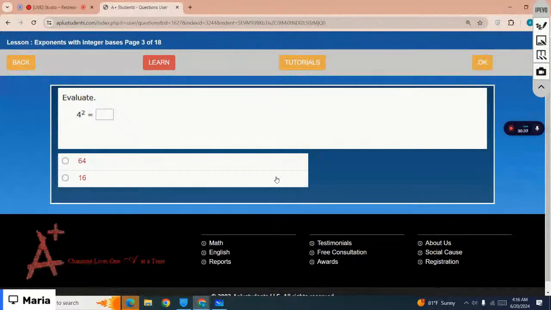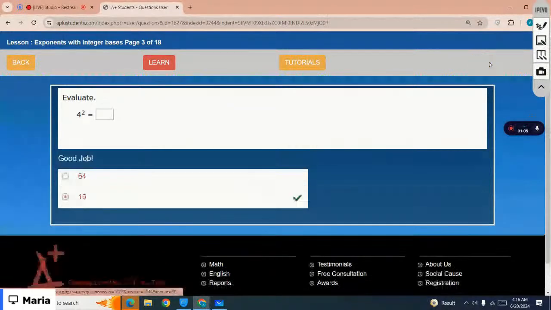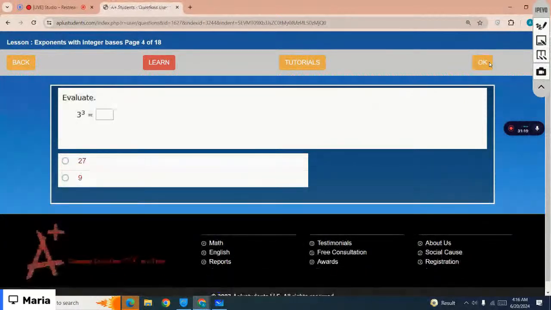4 square, which is the correct option? Option is 16. 3 cube, which is the correct option?